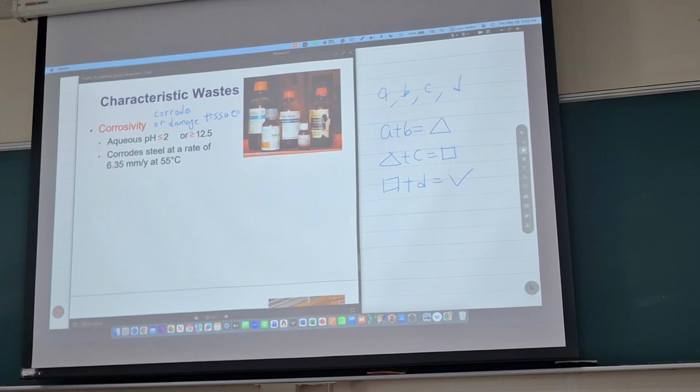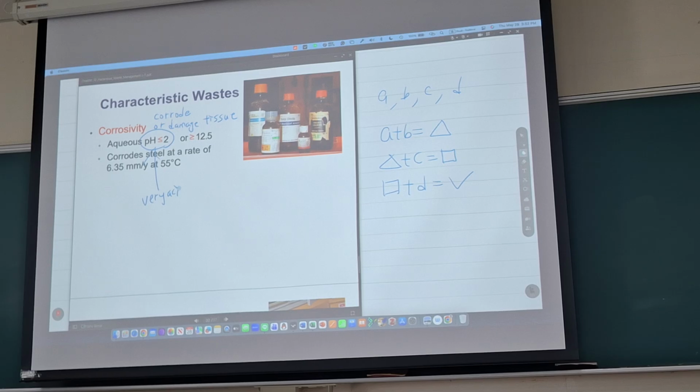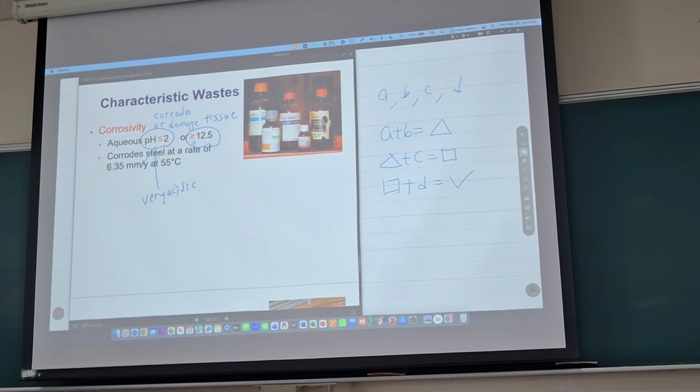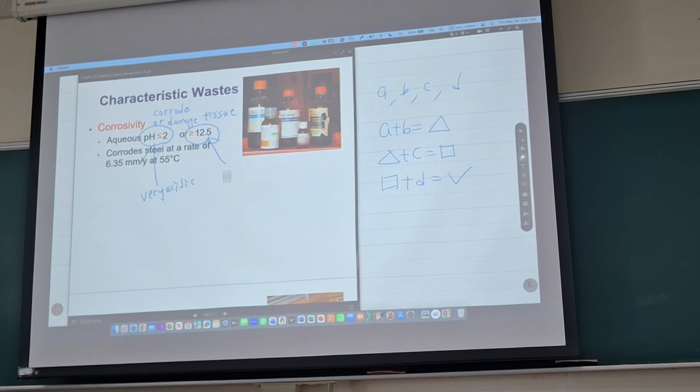Where is my meat and skin? Your flesh and skin will be gone. For those chemicals, pH value is smaller than or equal to 2. So those are very acidic. Or larger than or equal to 12.5. That means they are very what? Basic. Highly basic.